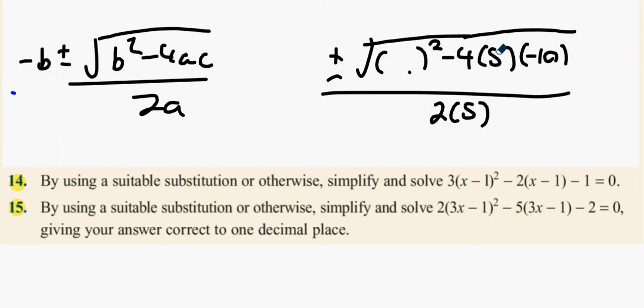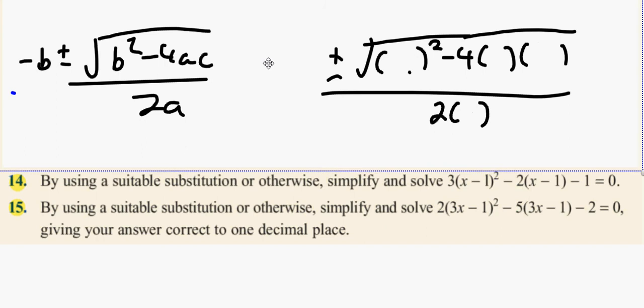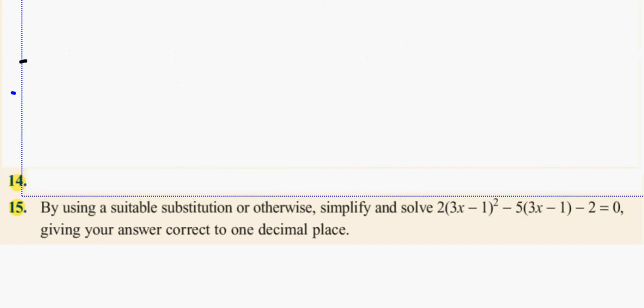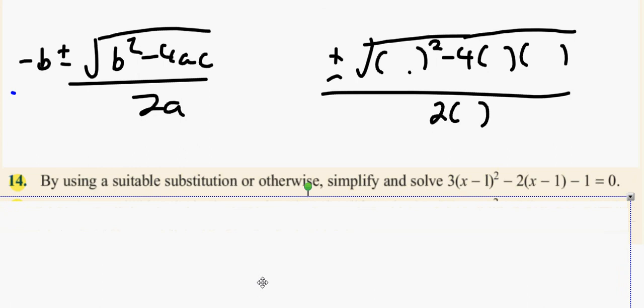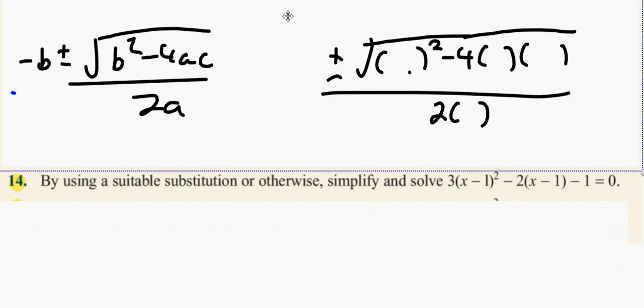So, I'm just preparing for 14 and 15. Right, there we go. And there's 14. By using a substitution or otherwise solve the following equation.